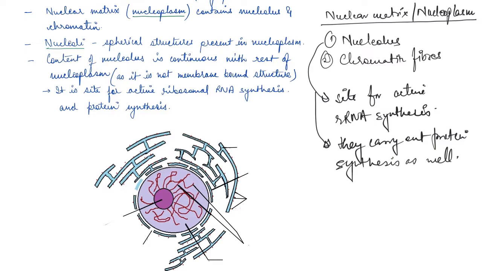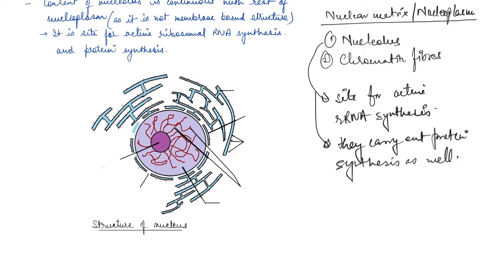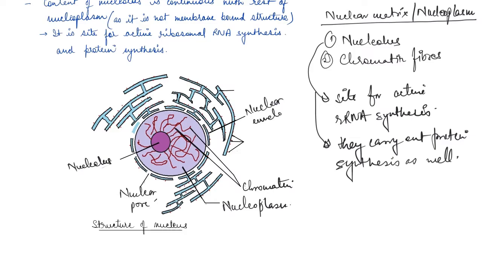So guys, if you see the structure here, this is the structure of the nucleus, where inside these fibers are chromatin, you have nucleoplasm, fluid. See, these are the pores. So these are nuclear pores. You have the nucleolus. The outside, this is the nuclear envelope. These are ribosomes.